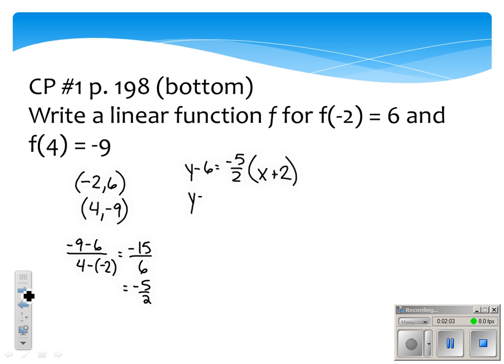So simplifying, I'll have y minus 6 equals negative 5 halves x minus 5. Add 6 to both sides.